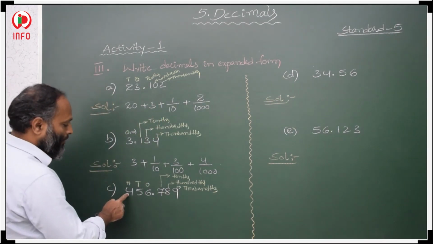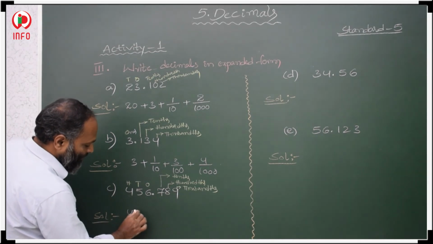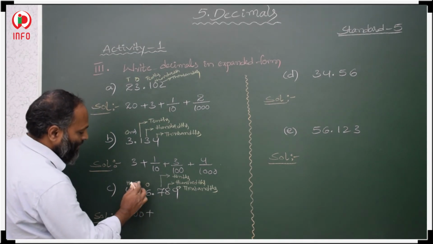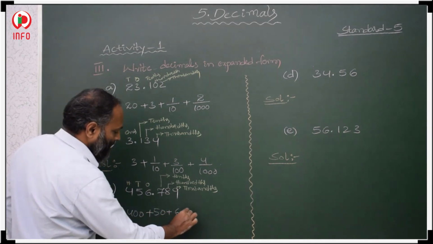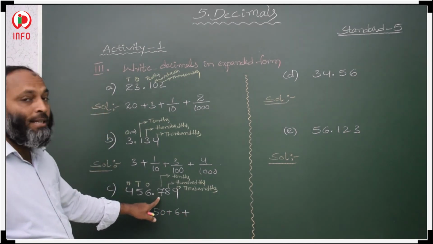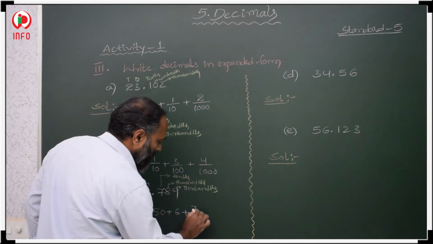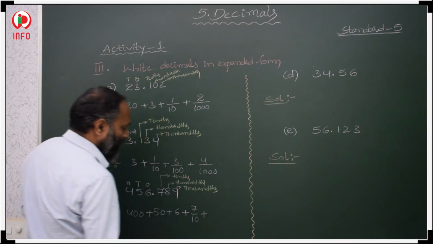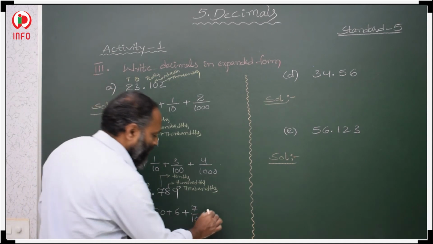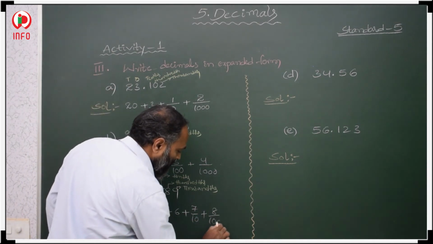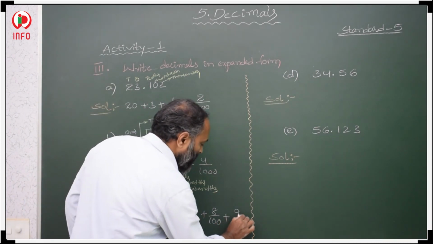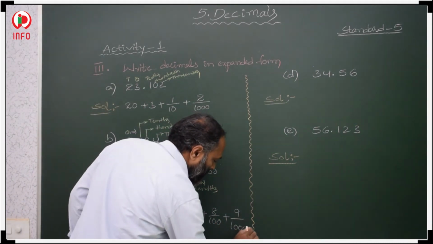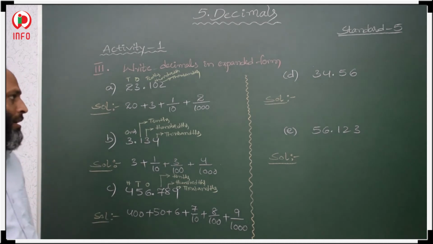Now 4 is in hundreds place, so 400, plus 5 is in tens place, 50. 6 is in ones place, 6, plus. Then this 7 is in tenths place, 7 by 10. This 8 is in hundredths place, 8 by 100. Then 9 is in thousandths place, 9 by 1000. This is in expanded form.